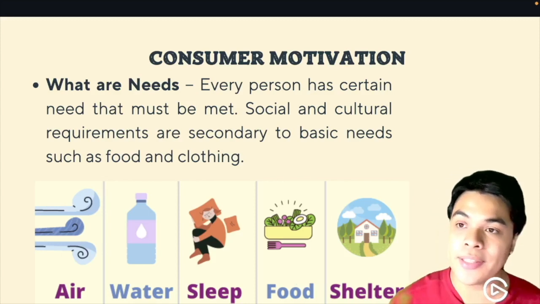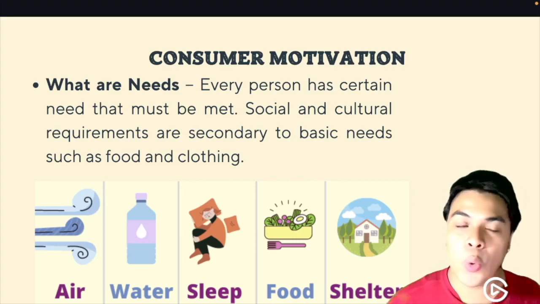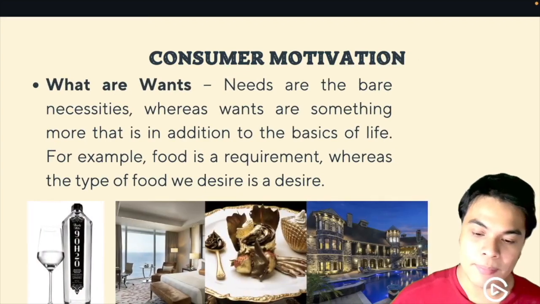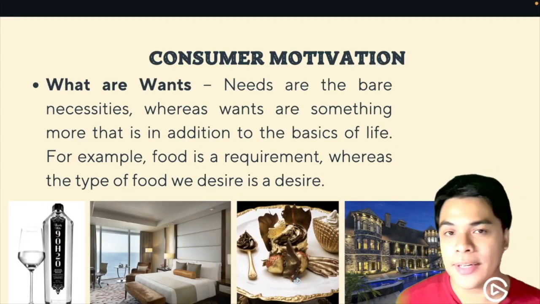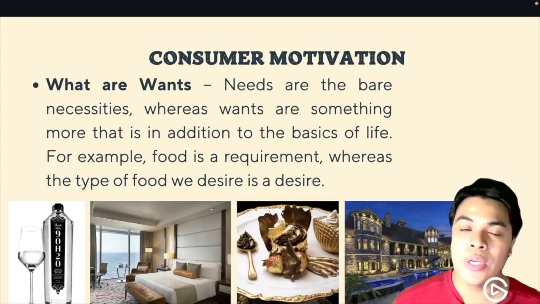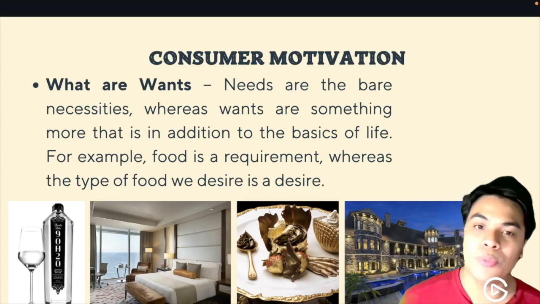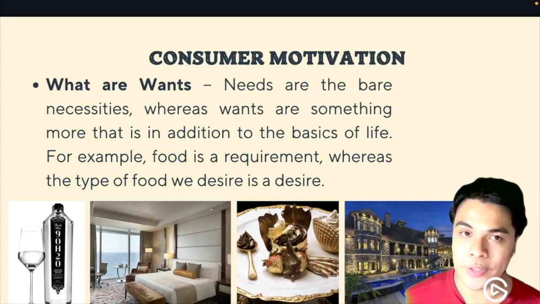Food will only satisfy the hunger. The hunger is the need. But the want is, what type of food would I want? So, what are our options? Maybe pancit canton is fine. Or maybe you are craving samgyupsal, Korean foods. Or maybe you want bulalo. Okay? Or you want pancit. So, these are now the wants, a modification on the need.